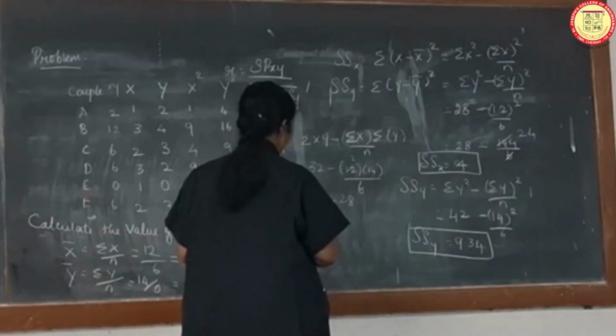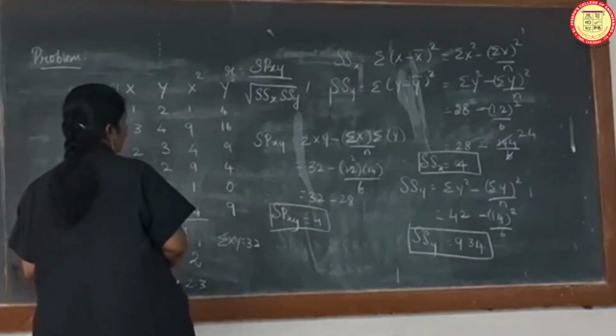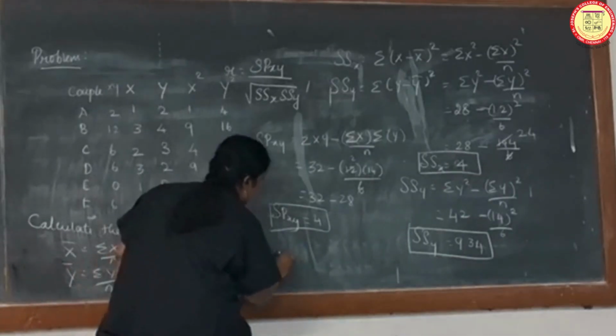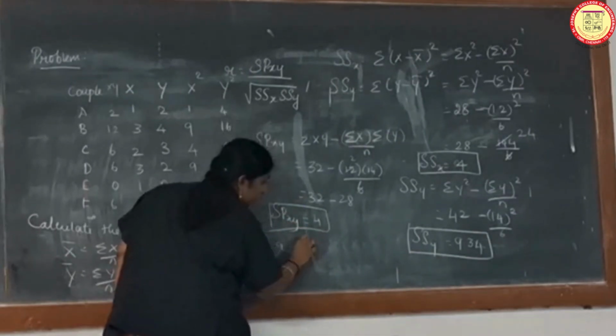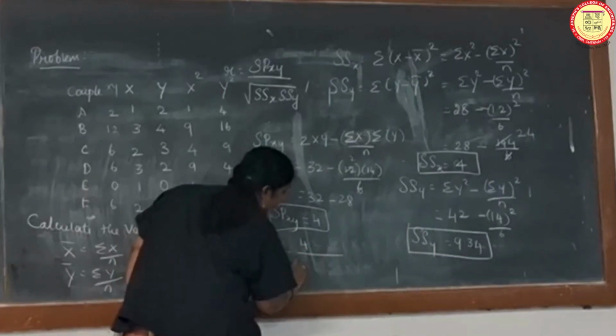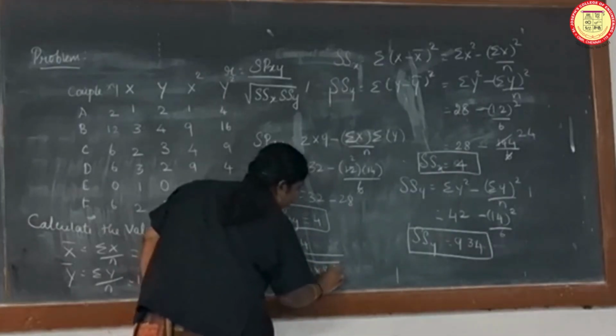Got it? Okay. Now you have to substitute all these values into the correlation coefficient, R is equal to SPXY divided by the root of SSX into SSY. What is the value of SPXY? 4, which is divided by root of 4 into 9.34.